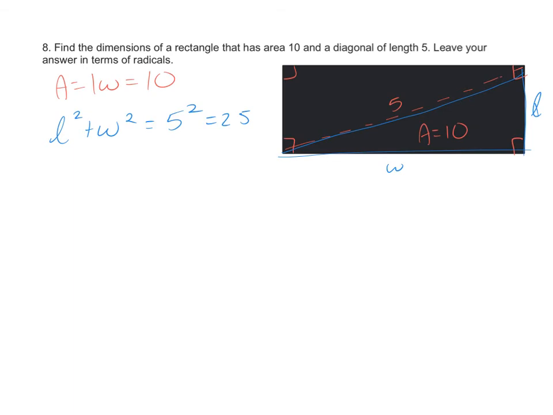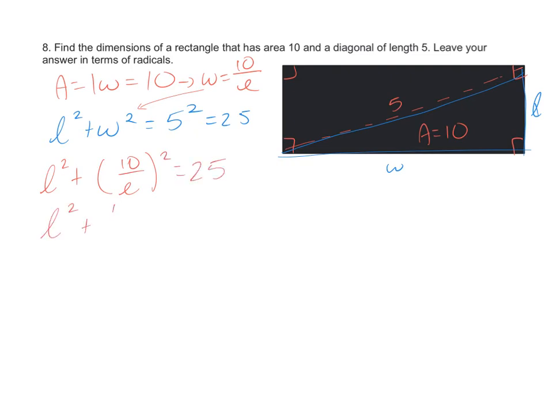So I'm going to solve by dividing both sides by L. So W is equal to 10 over L. And so then I'm going to plug that in for W in my second equation. So I get that L squared plus quantity 10 over L squared is equal to 25.